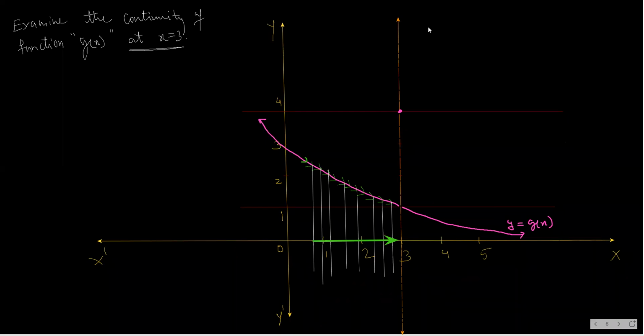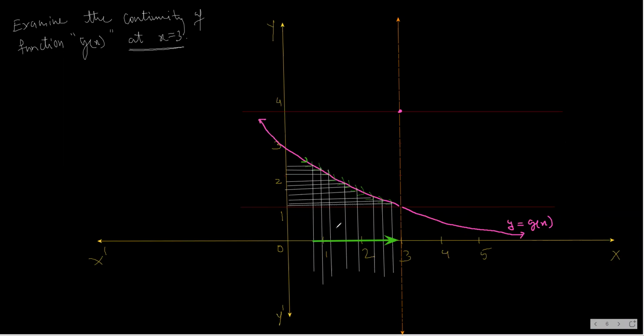For that, from each point, now draw a perpendicular on the y-axis. As you move from left to right on the curve, you notice that the y value is coming close to number 1.